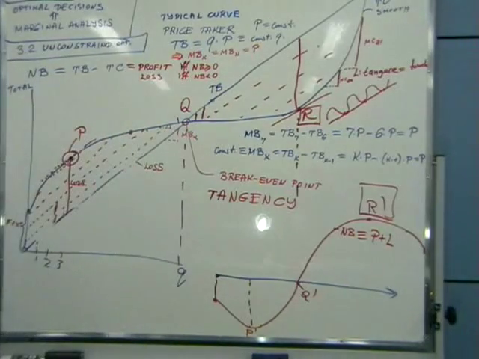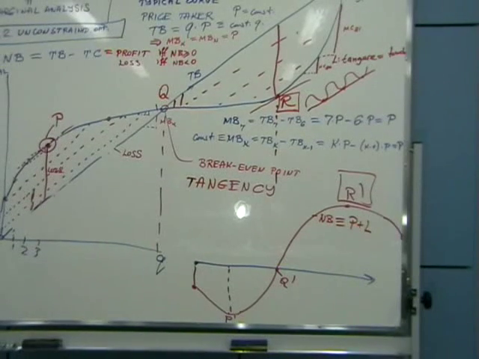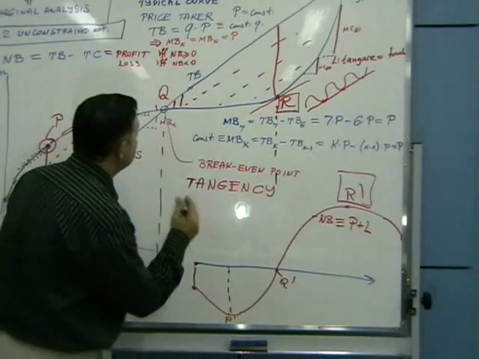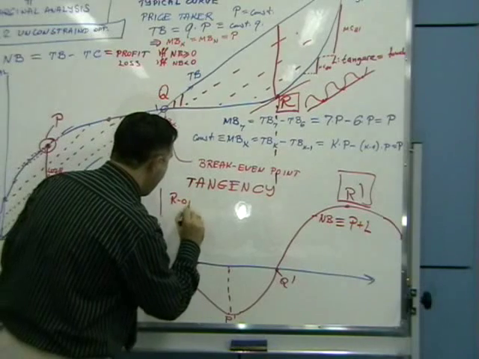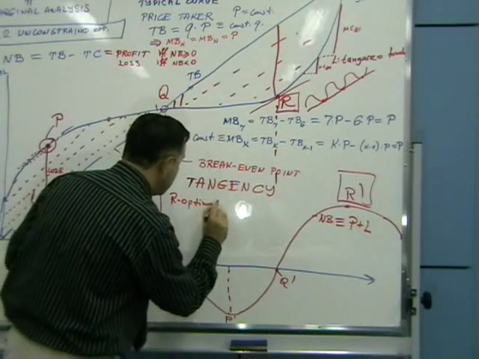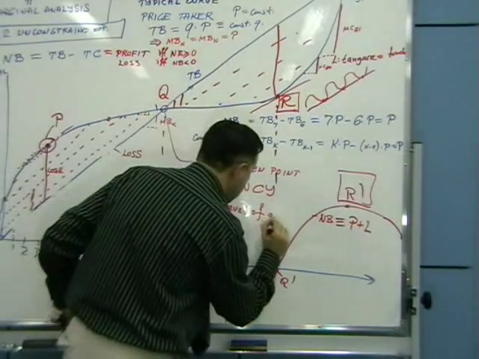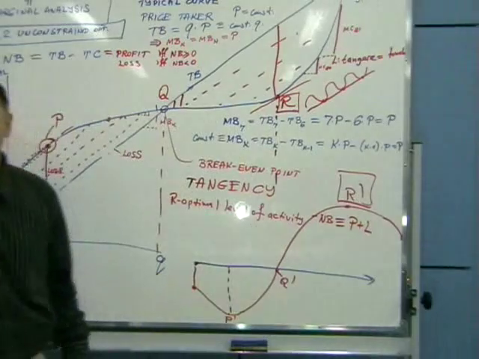Let's see if I have anything important. All right, so we call R the optimal level of activity.